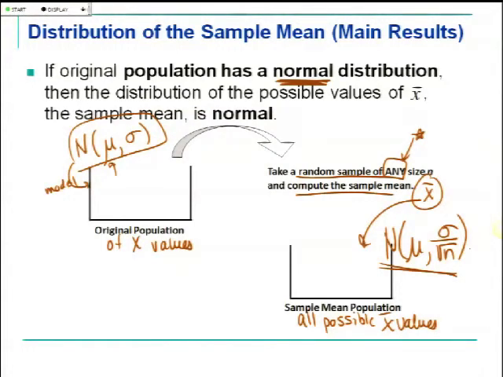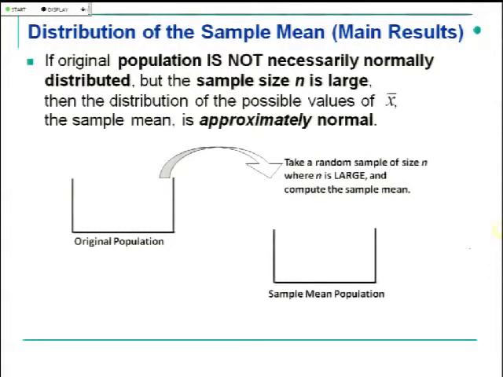Here's the other way we get to it, the more useful way, because you make a QQ plot of some of your data, and it's not always going to be a bell-shaped model that it follows. But you can still get to the point where you need to, provided you take a large enough sample size. So your original population of all x values, all scores, all reaction times, maybe it's not necessarily normal.